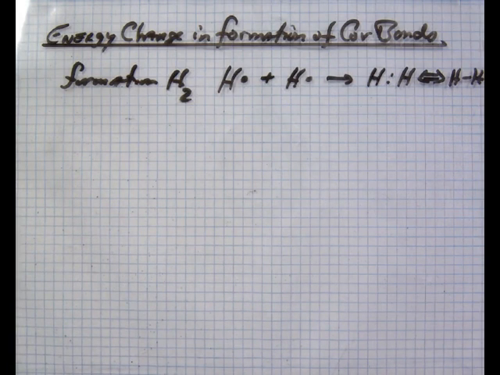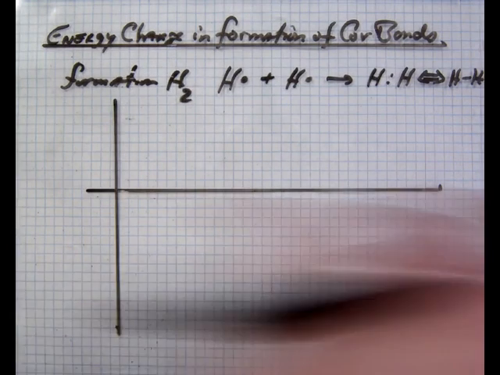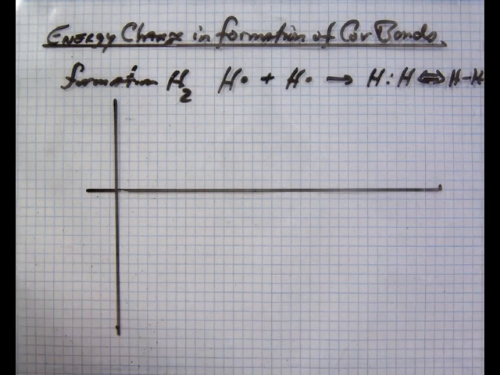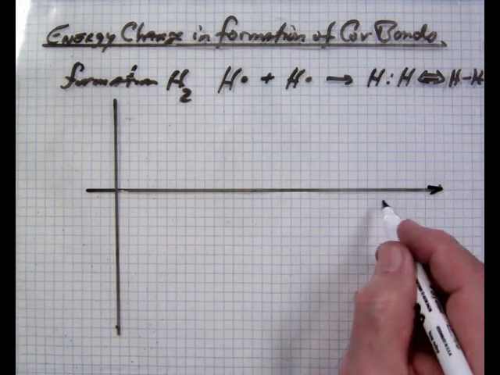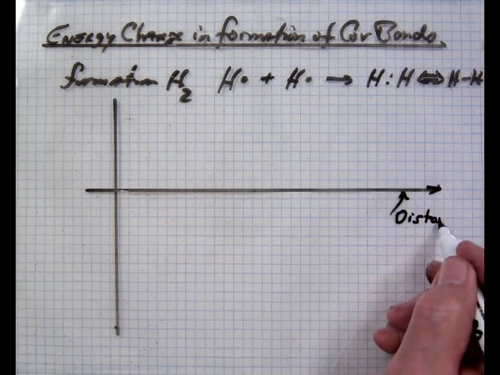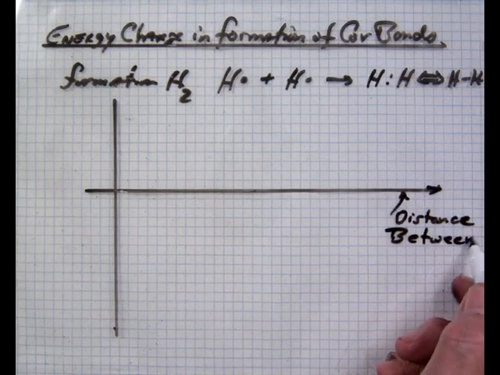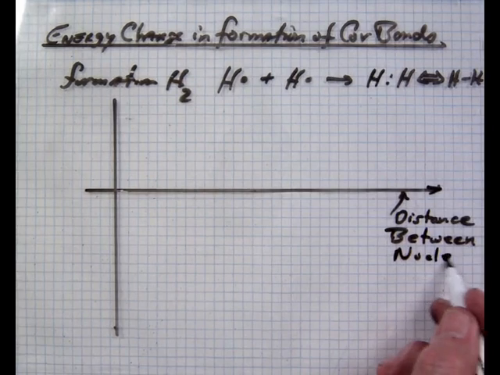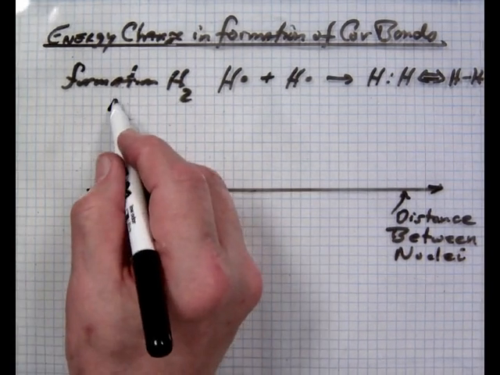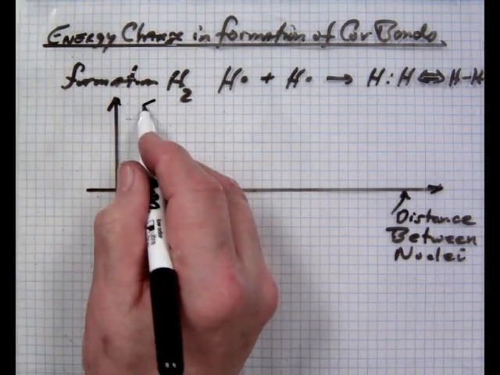And that diagram is a sideways T. So drawing a little diagram like this. The horizontal diagram is the distance between nuclei. Okay, and this is a potential energy axis.